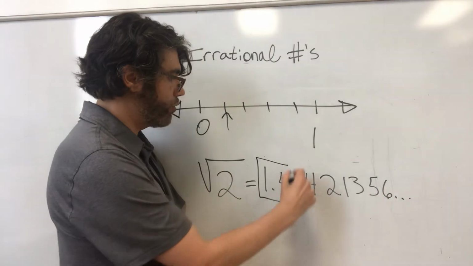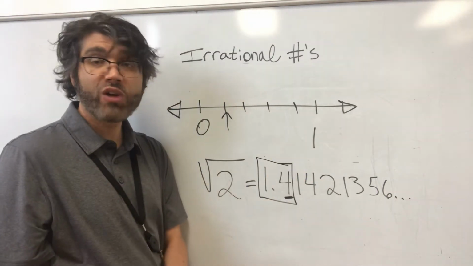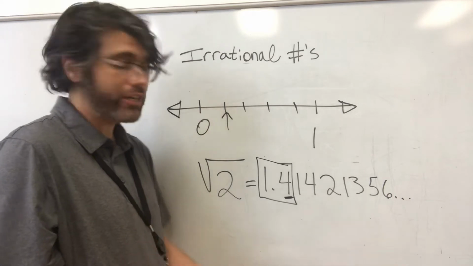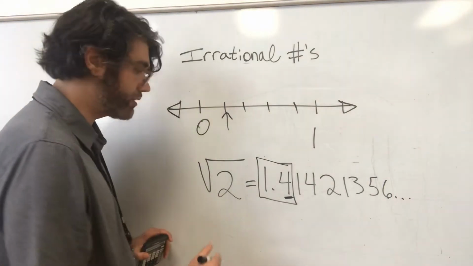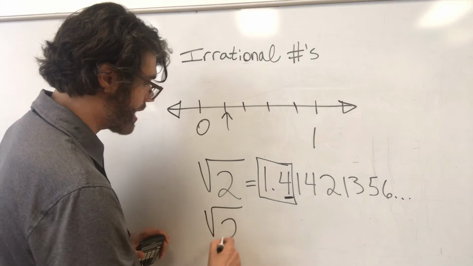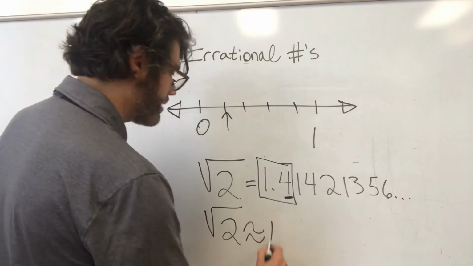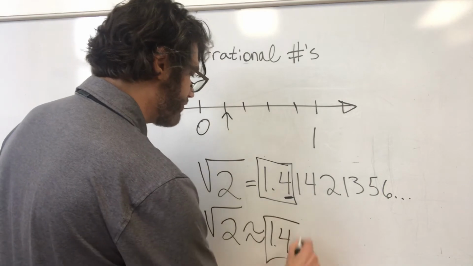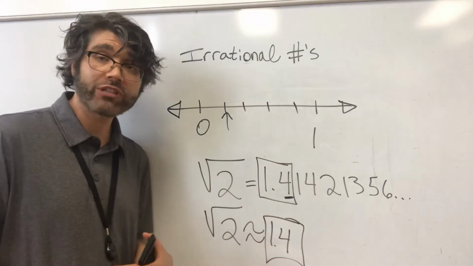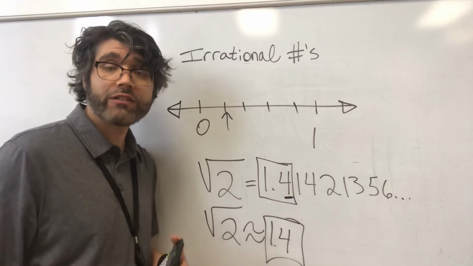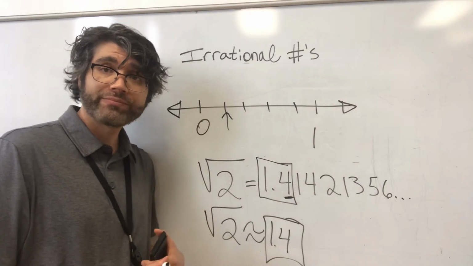So 1.4 is a rational approximation of a very irrational number. So I'm going to write not an equal sign anymore, but this squiggly equal sign and say 1.4. Now this 1.4 is a rational number, and we can put rational numbers on the number line. I'll give it to you to do so right now.